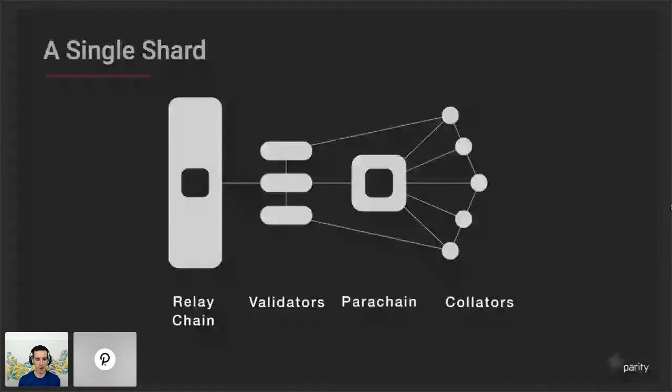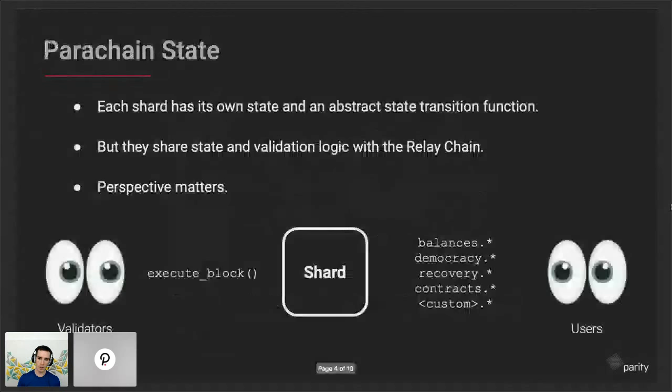From a very introductory level, the collators live on their parachain and the validators live on the relay chain, but they also roam around to various parachains as they go. When we look at all of these parachains, each one is a shard. They all have their own state, and they all have their own state transition function, which is a little bit different from other sharded systems.